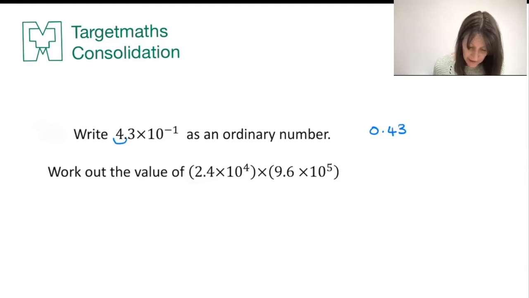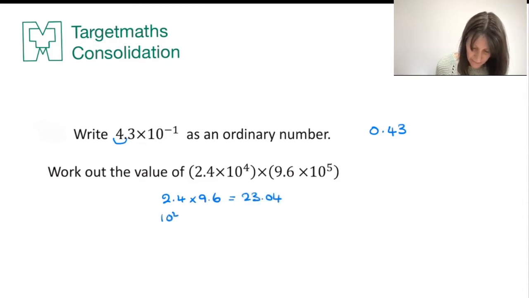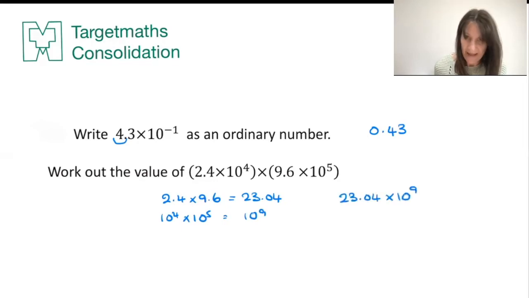So numbers first. 2.4 times 9.6 is 23.04. Then 10 to the 4 times 10 to the 5 is going to give me 10 to the 9. Put that together and you've got that, which isn't standard form.